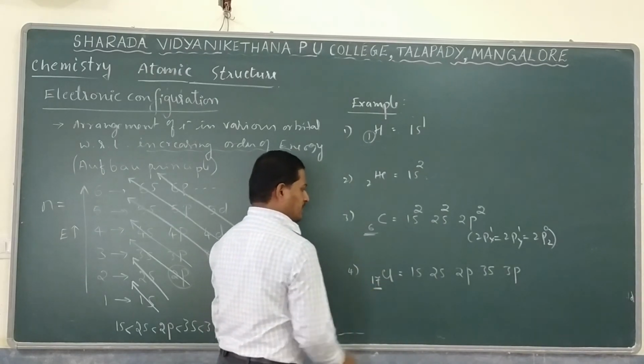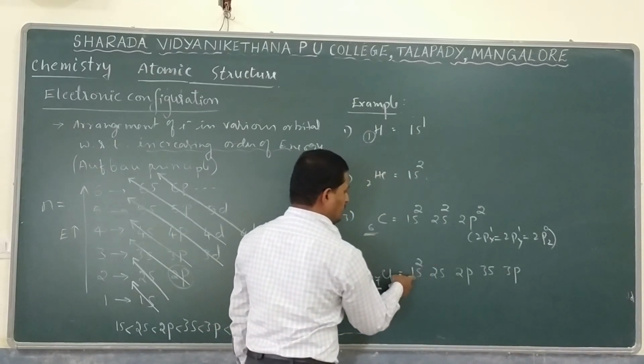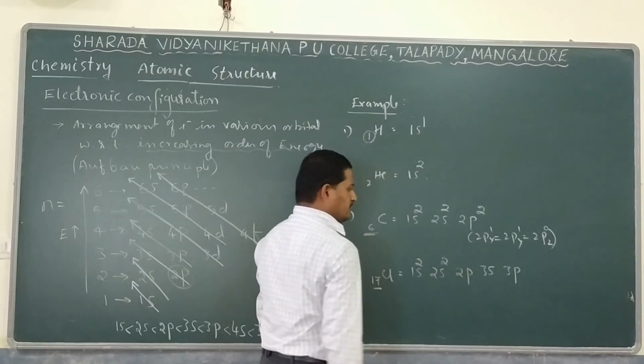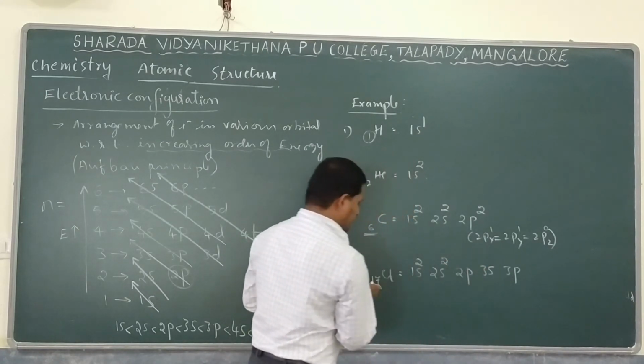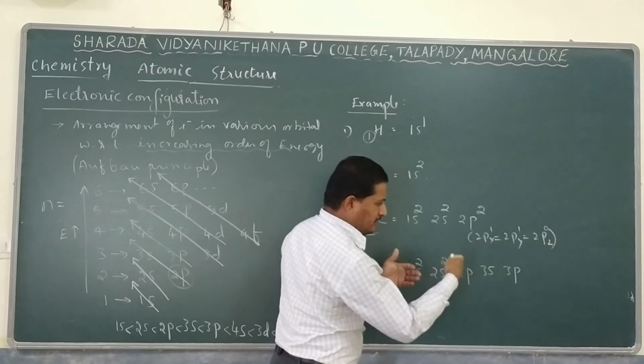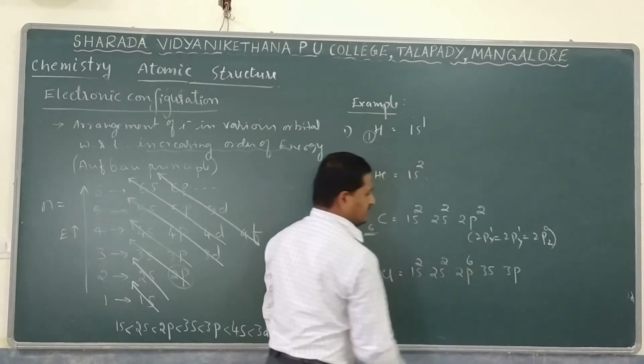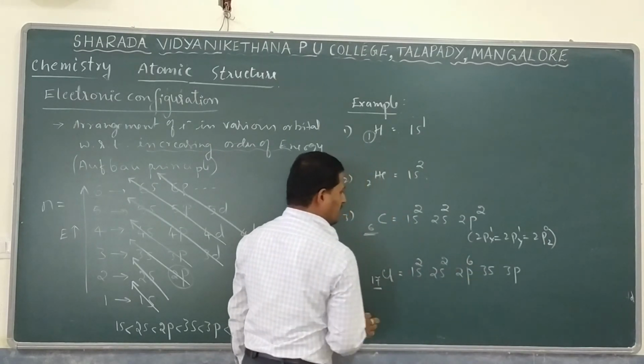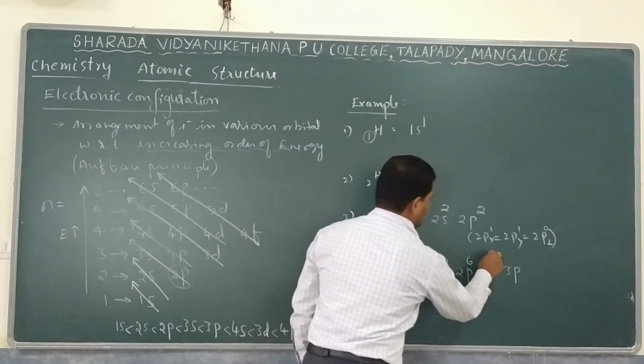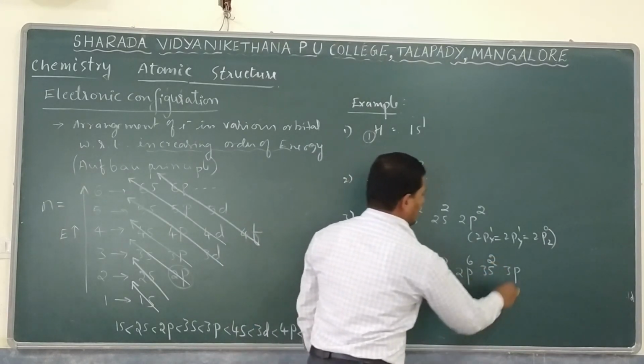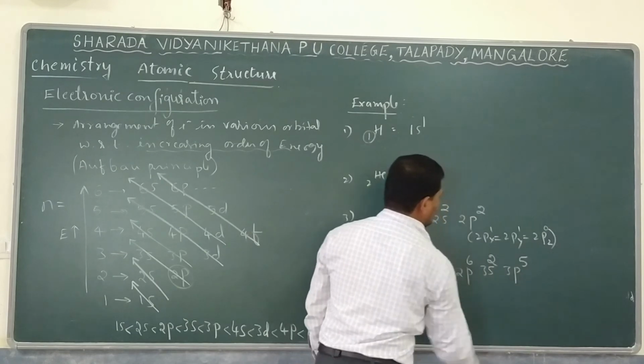Then for chlorine, the atomic number is 17, so 17 electrons are there. Out of 17 electrons, 2 electrons go in 1s, the next 2 in 2s, and 6 in 2p, totally 10 electrons. Since the number is large, there is no need to write singly occupied orbitals. Now 7 are left, out of which 2 go to 3s and the remaining 5 go to 3p.